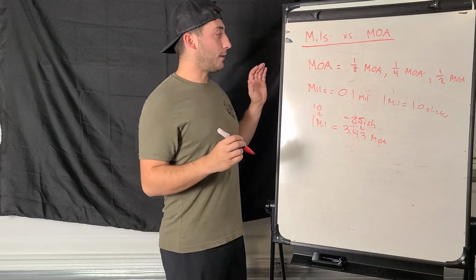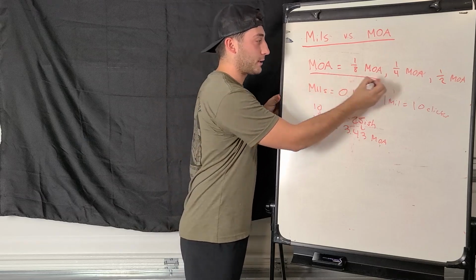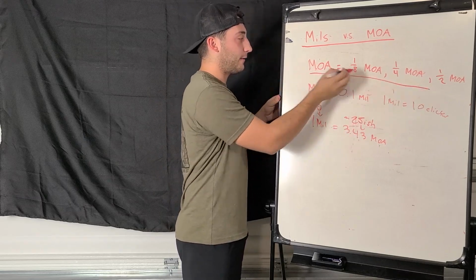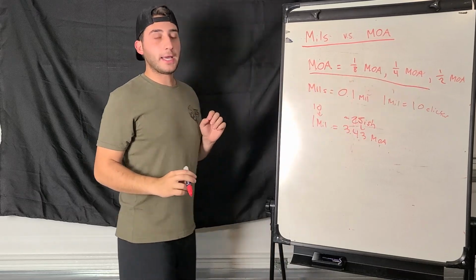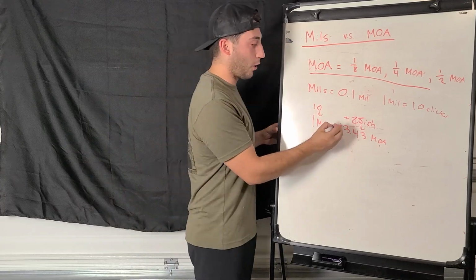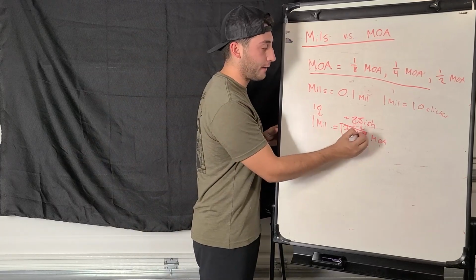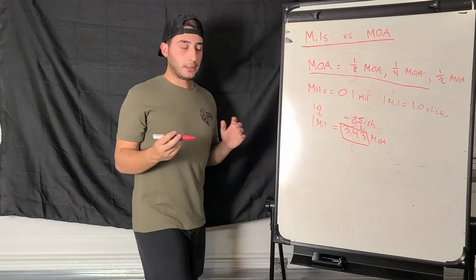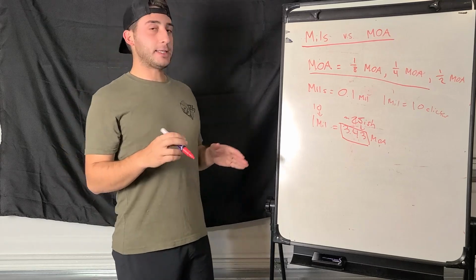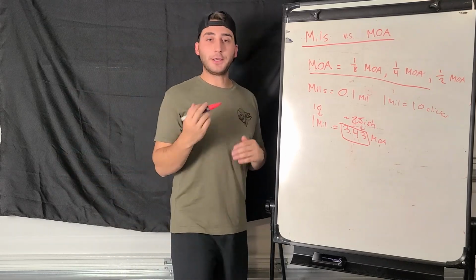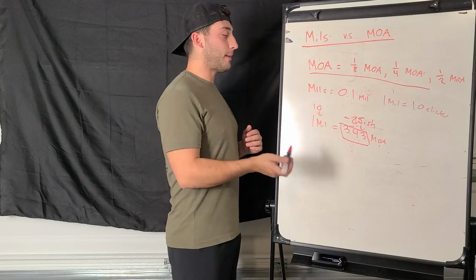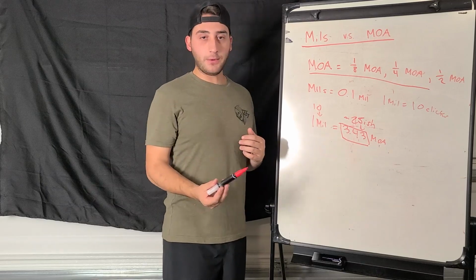Also, the disadvantage of having more MOA fitting into one mil is that if you're trying to memorize your elevation settings, you have to memorize huge numbers when it comes to MOA.